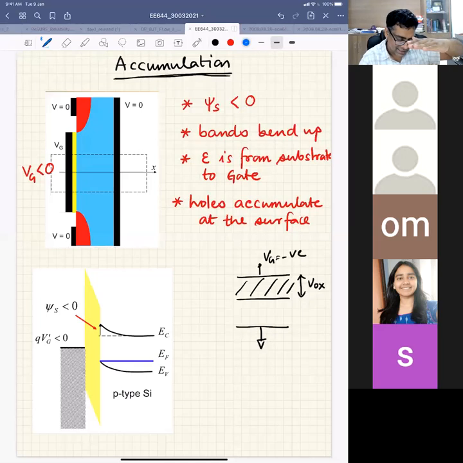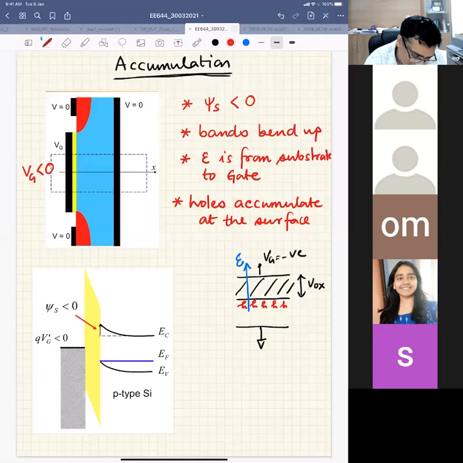But in this case, the electric field direction will be opposite, from body to gate. So your holes will accumulate here, so your holes are accumulating at the surface.